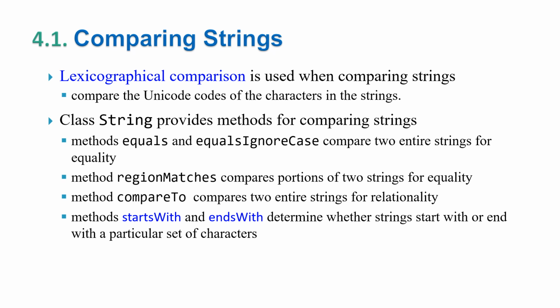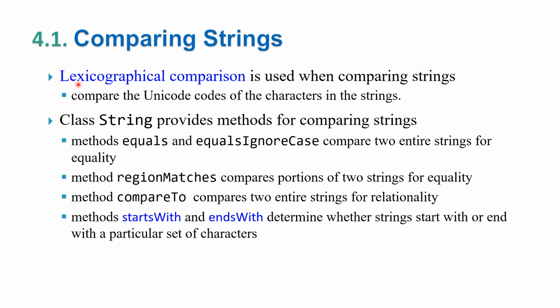Let's first start with comparing strings. In many applications, we may need to compare strings. For example, if you sort a list of students' names where each student's name is a string, then the sorting will need to compare two string objects. When the computer compares strings, it compares the Unicodes of the characters in the strings.